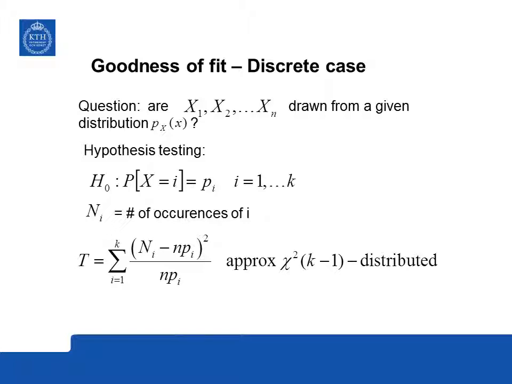So if we compare this with small t, then if T is larger than a certain threshold, we will reject the hypothesis. And the p-value is of course the probability that we reject the hypothesis, even though hypothesis H0 is actually true.